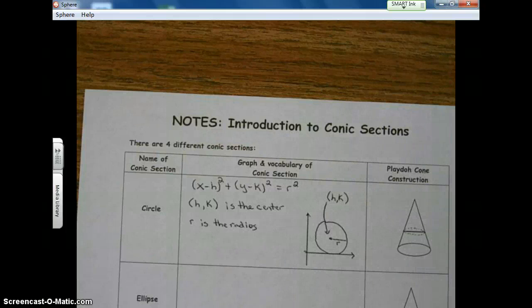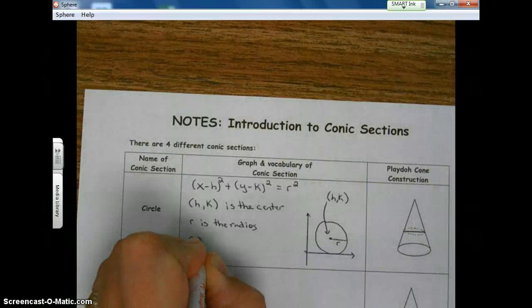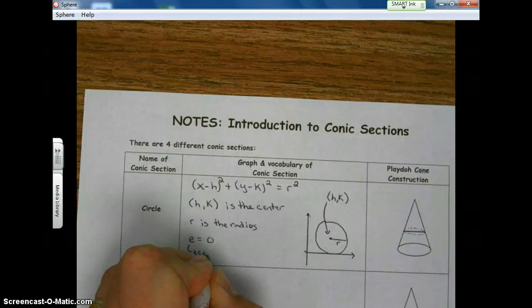And the closer this ratio C to A is to 1, the more oval the ellipse. So the E value, the eccentricity, for a circle is 0.